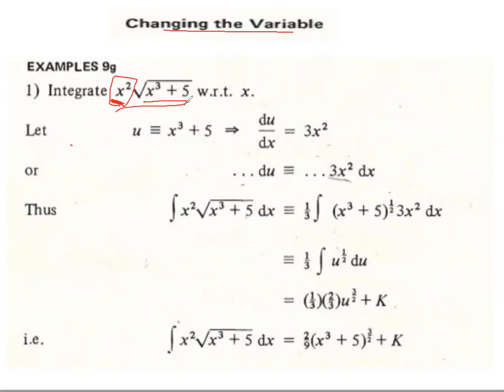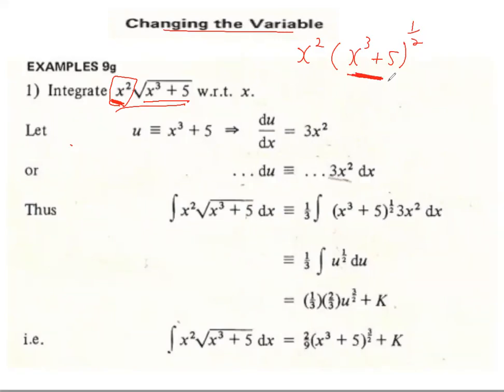Recognition will work, but you've got to be really, really good. But now, if you watch this function, this is really x squared times the bracket x cubed plus 5 to the half power, right? So watch here. Let's take x cubed plus 5 as the function on the inside.